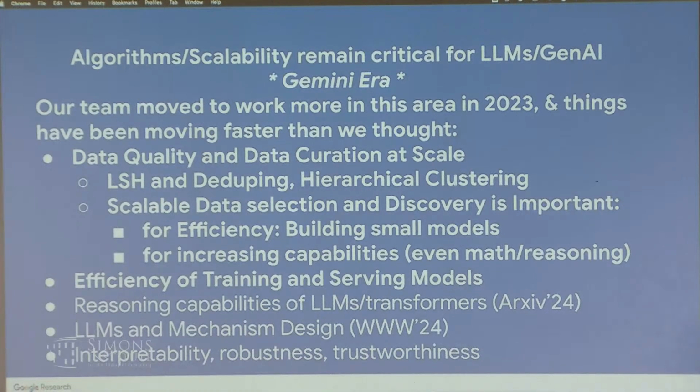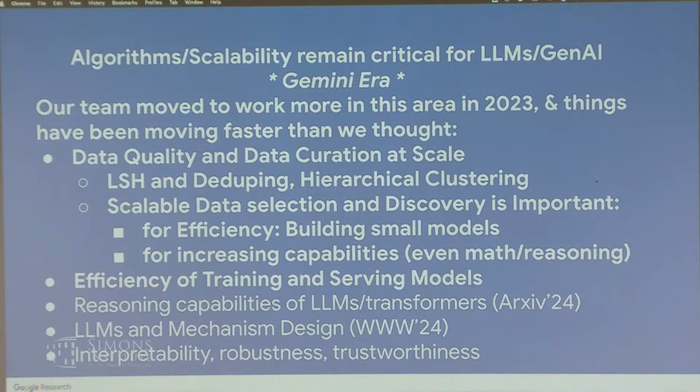Data selection and data discovery are very important for efficiency, because when you want to build small, efficient models, it's important to choose the right data, which is also relevant to the capabilities we want the LLM to have, and diverse enough that we don't have redundancy in the model.